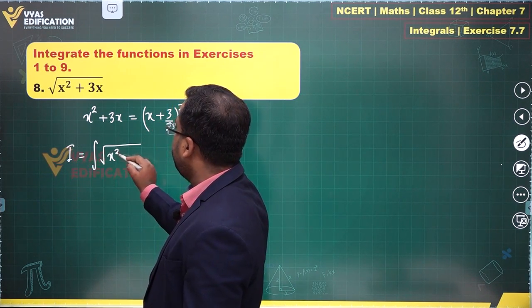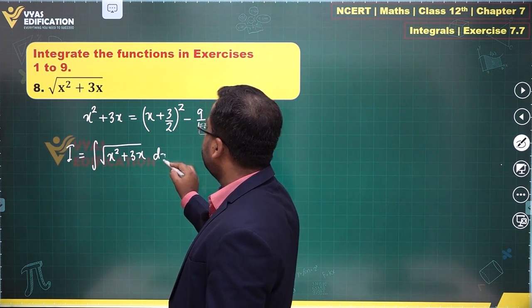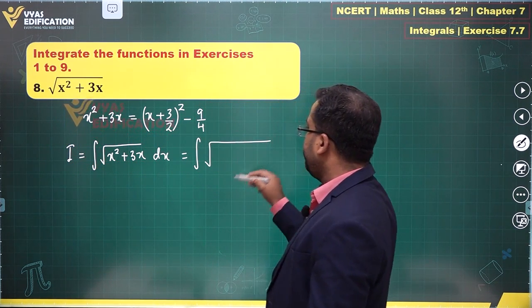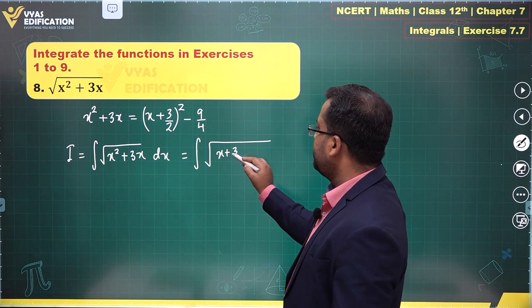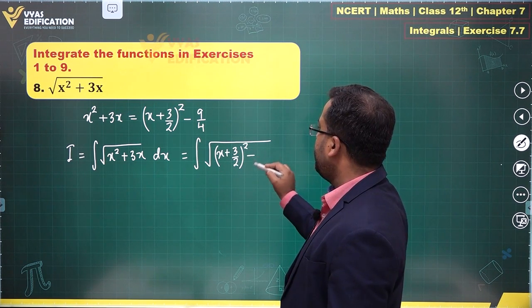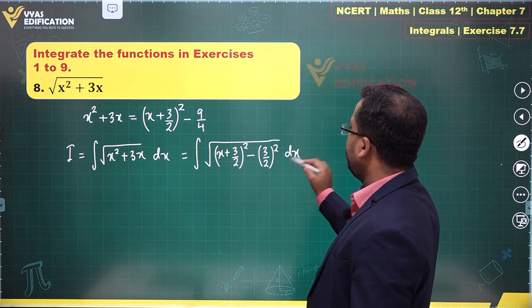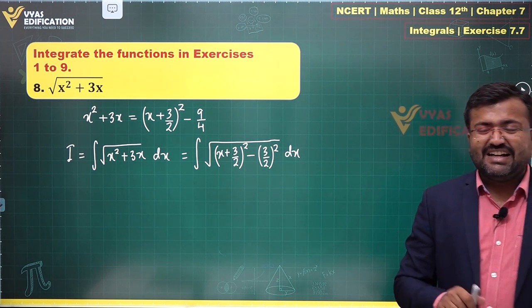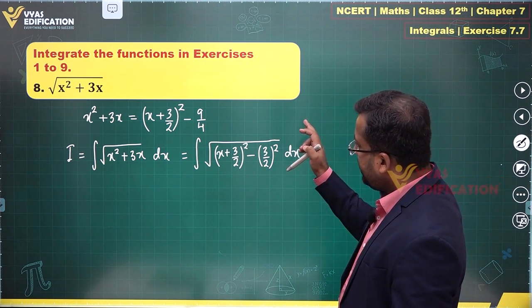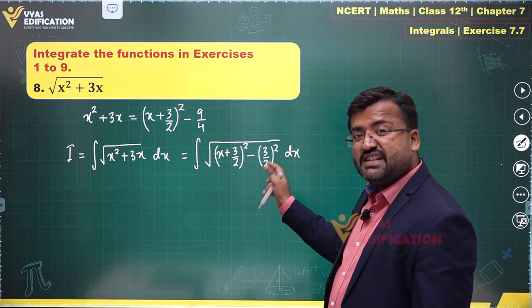So the integral I, which is the integral of under root of x square plus 3x dx, is equal to the integral of under root of x plus 3 by 2 whole square minus 3 by 2 whole square dx. For writing this integral, we need the formula for x square minus a square in the under root.